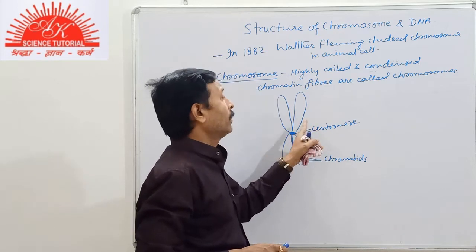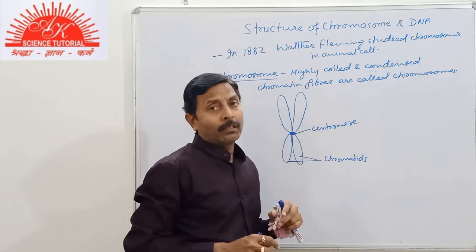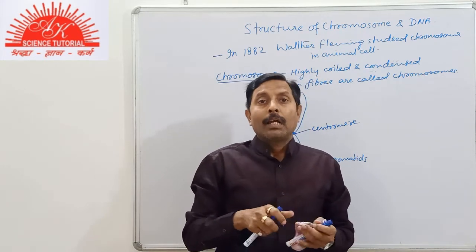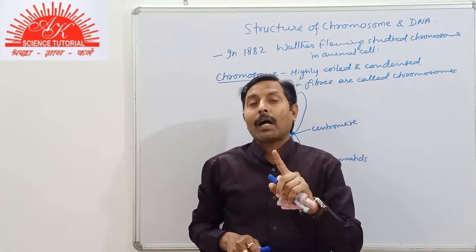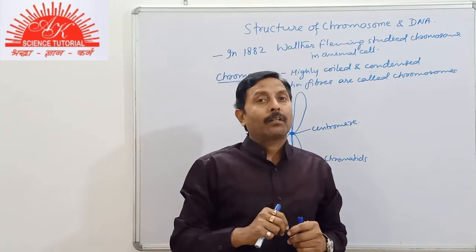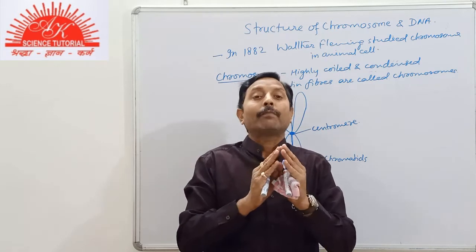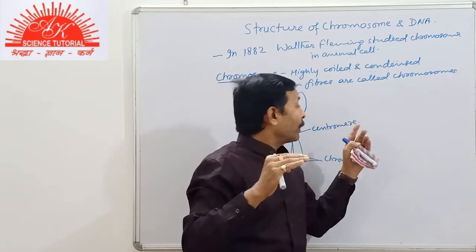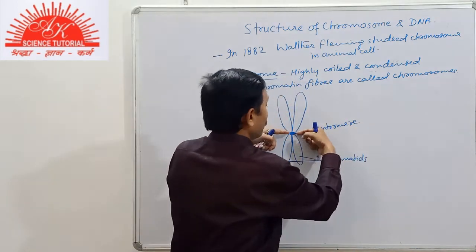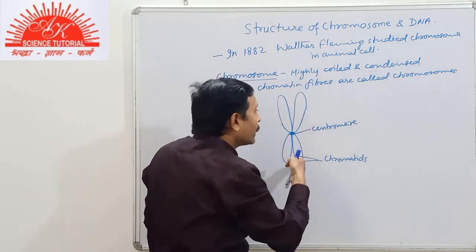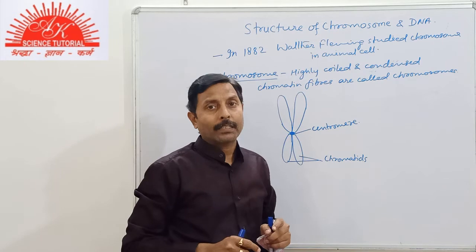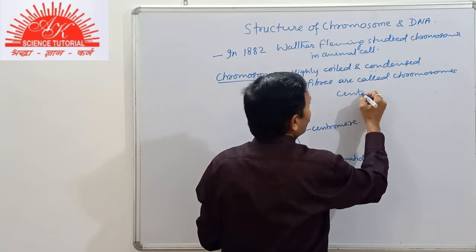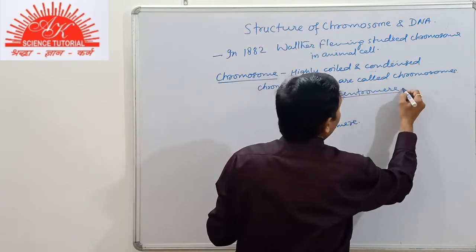Now the centromere. Centromere is the point of attachment of two chromatids. The centromere also provides the point of attachment of spindle fibers at the time of cell division. That is, spindle fibers join at centromere, and when they contract, then longitudinal splitting of chromosome takes place. So, there are two points related to centromere.